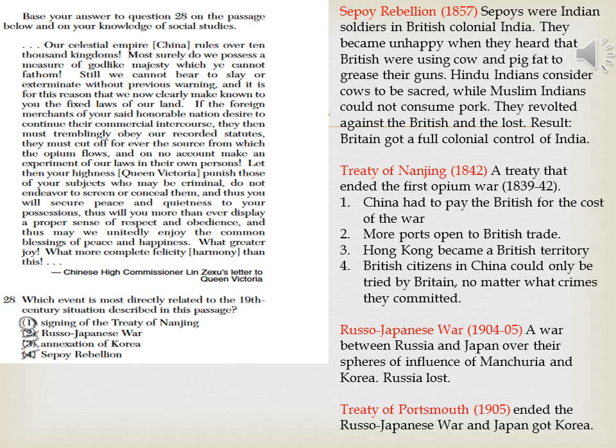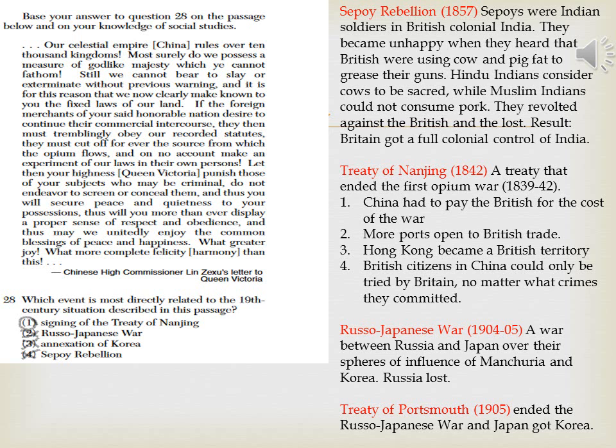A celestial empire, China, rules over 10,000 kingdoms. Most surely do we possess a measure of godlike majesty, which you cannot fathom. Still, we cannot bear to slay or exterminate without previous warning, and it is for this reason that we now clearly make known to you the fixed laws of our land.